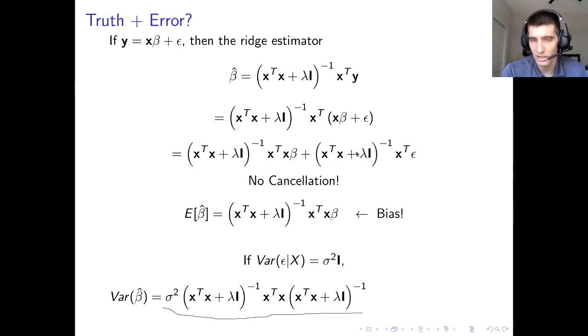This thing has to hang around, whereas in the least squares setting it canceled, and we were left with the variance of beta hat being sigma squared X transpose X inverse. So things are more complicated from the analysis perspective, but this is a trade-off. We're trading this for reducing the variance.